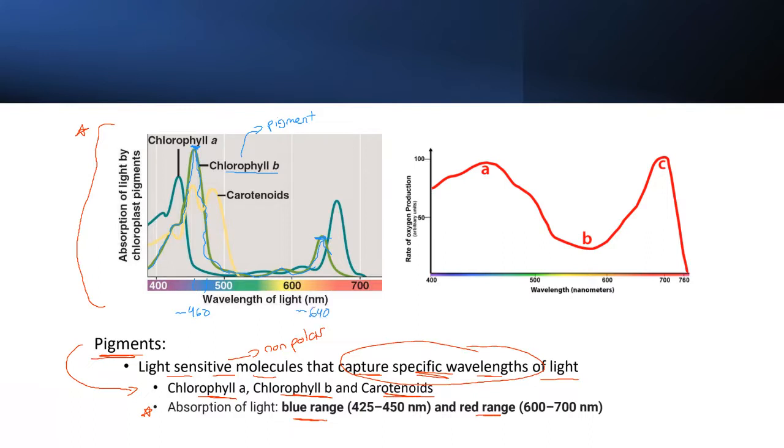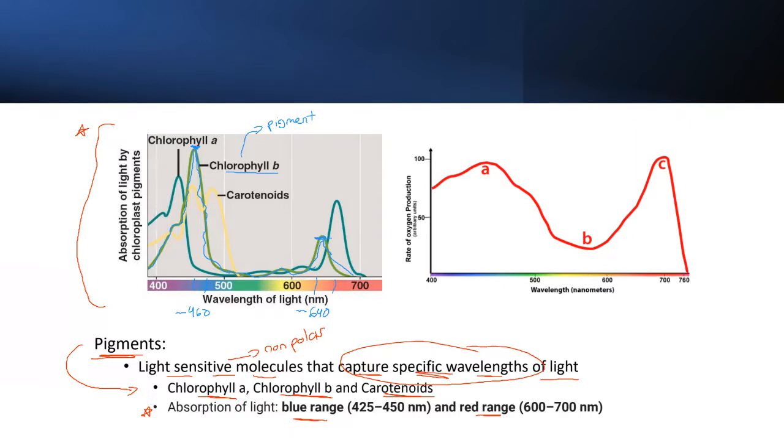Again, approximate. Around the orange part of the spectrum, sorry, not purple, but orange. And then again it collapses. That means it's not very good at absorbing red light. Okay, so far so good.